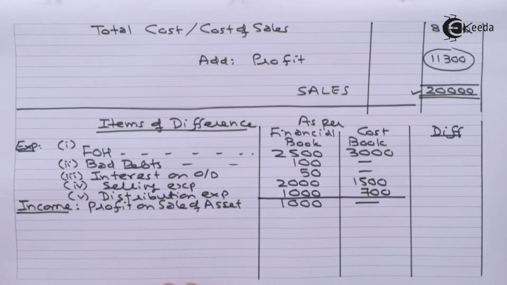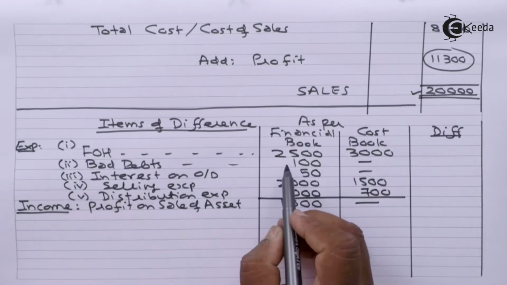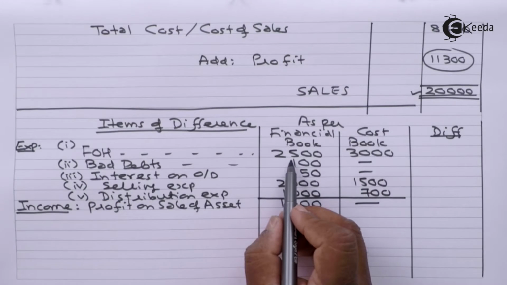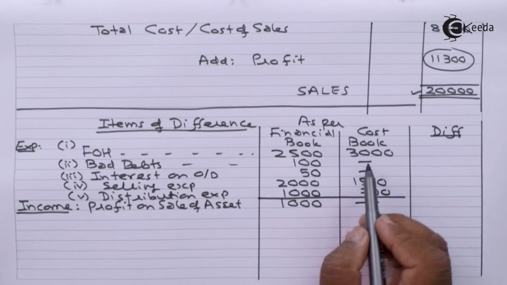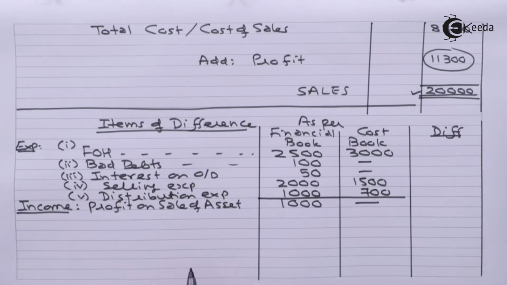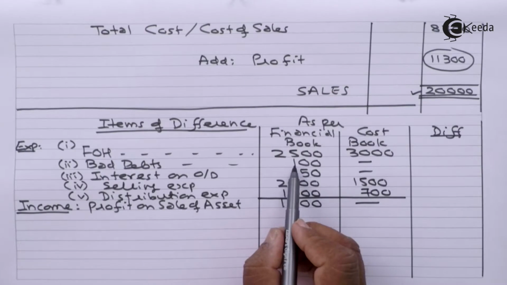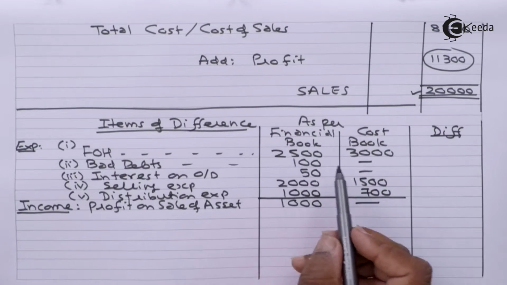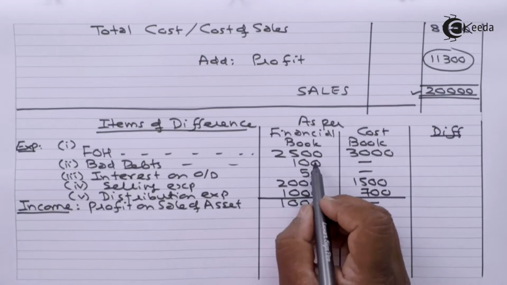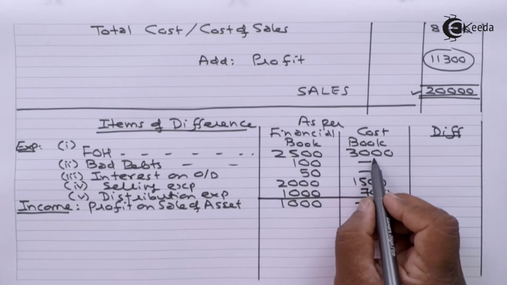So here we have analyzed all the expenses items which are responsible for difference in profit as per financial book and cost book. Factory overheads 2500 as per financial book, as per cost book 3000. Now what we are going to do, from first column we are going to deduct second column, 2500 minus 3000.